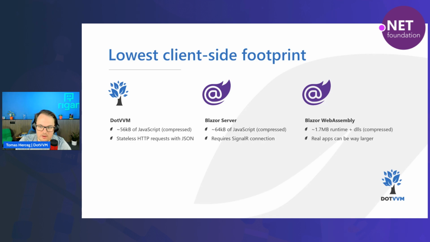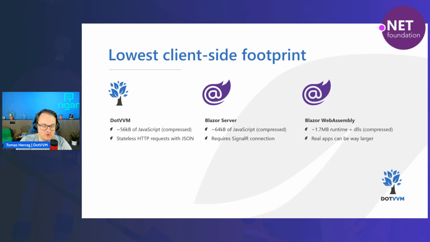And with Blazor WebAssembly, of course, because the C# code runs in the browser, you need to download the .NET runtime, which was quite heavily optimized to not be big, but still it needs to download something at least on the first page load. This was just for a hello world experience. So if you are looking for something that would have a very low client-side footprint, DotVVM can be a way to go.